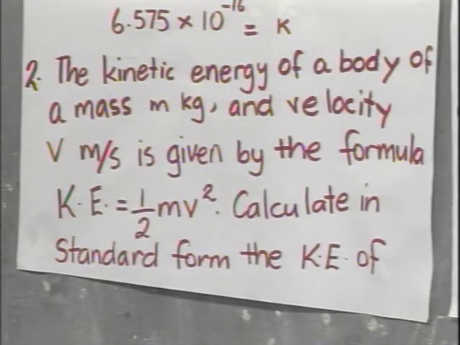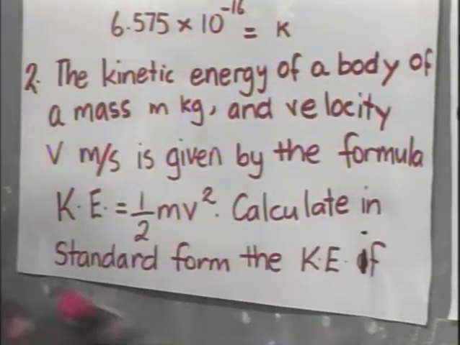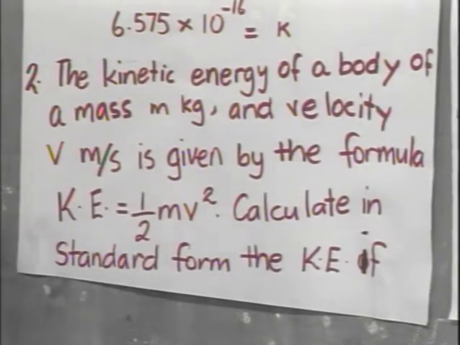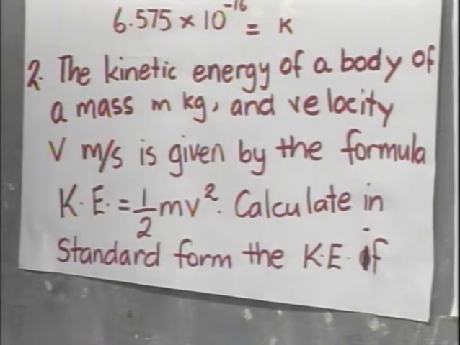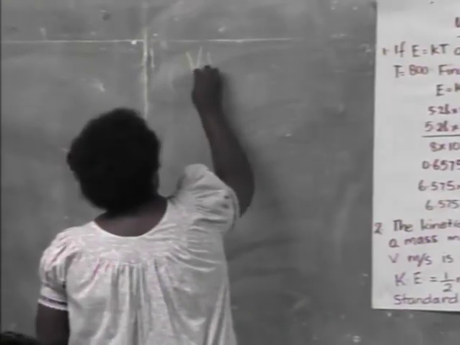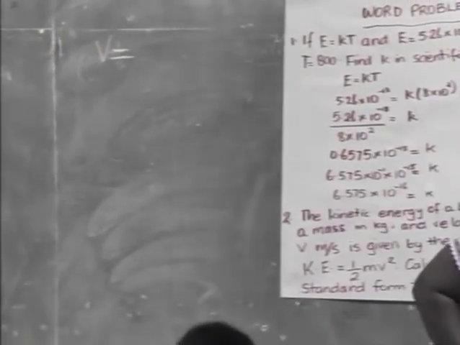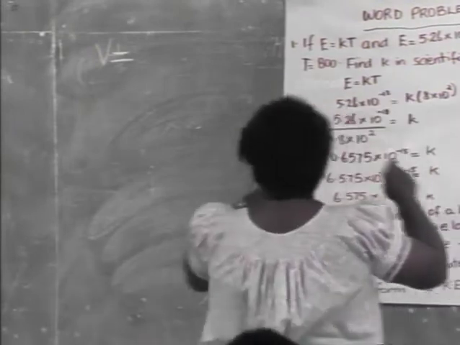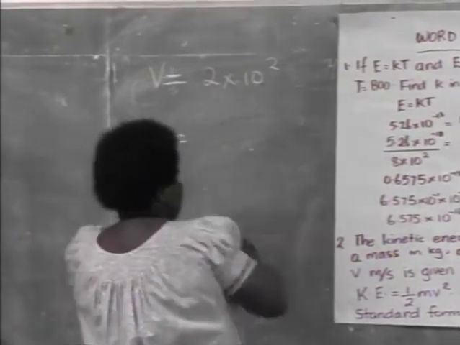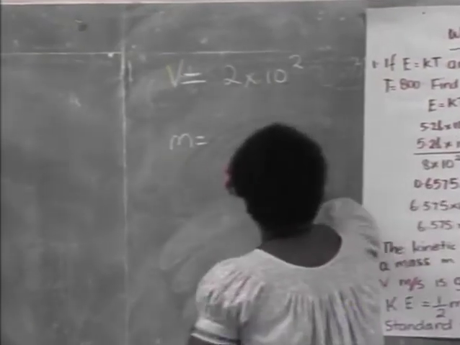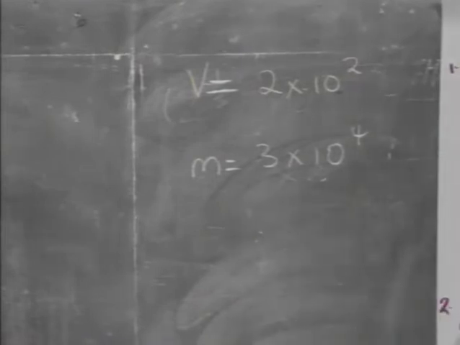Okay, I'll give you the value for V. Okay, V is 2 times 10 to the power of 2, and M is equal to 3 times 10 to the power of 4. Quickly find the kinetic energy using the formula.